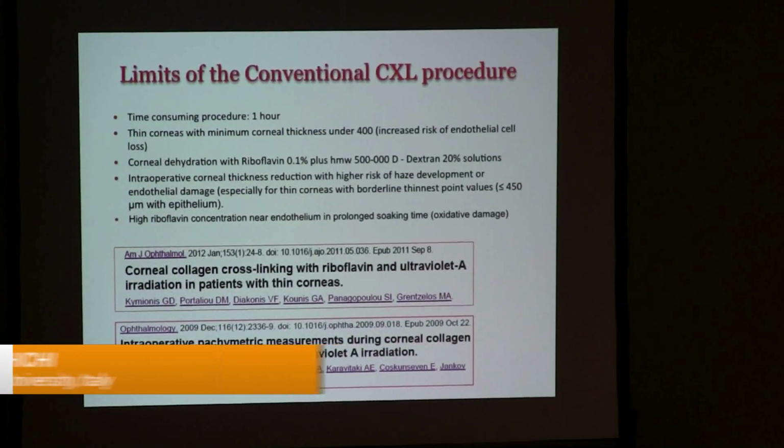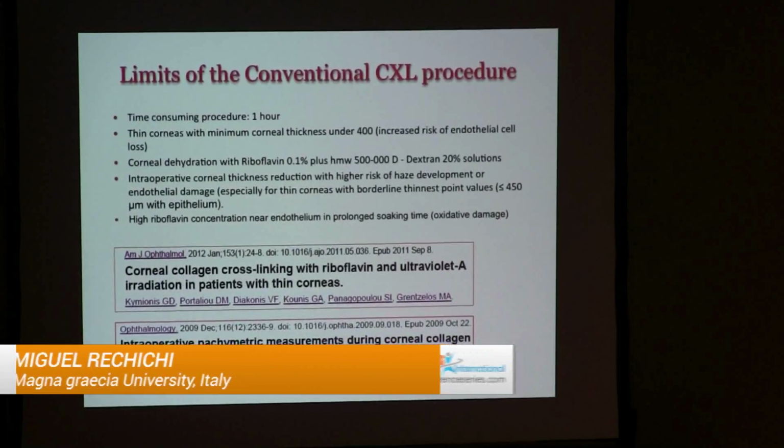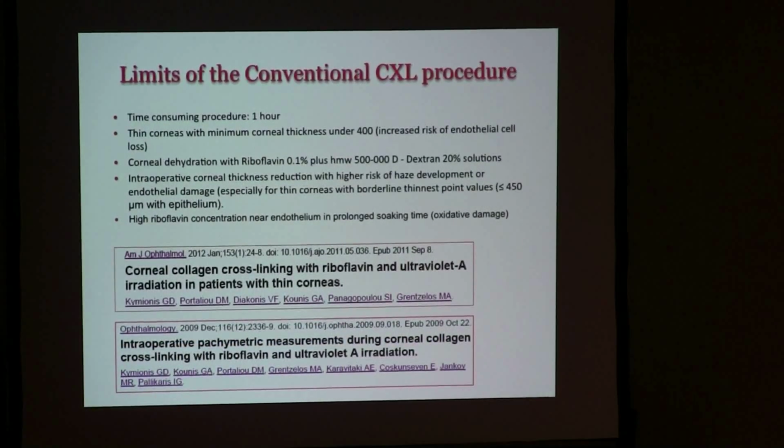The limit of the conventional procedure is that it is time-consuming, 1 hour. And if you use a dextran solution that is hyperosmolar, the cornea substantially shrinks during the procedure. So we start, for example, with 500 and we cross-link a cornea that is 300. So it is not really good.